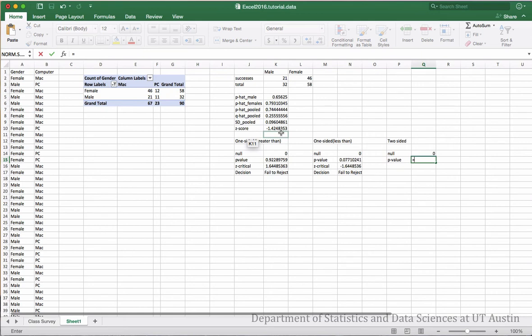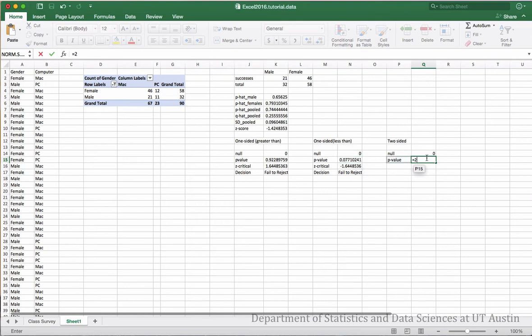Because of the symmetry of the normal distribution, all we simply have to do is take this p-value and multiply it by 2. Remember, this p-value represents the probability of being less than negative 1.42. That will be the exact same as the probability of being greater than positive 1.42.